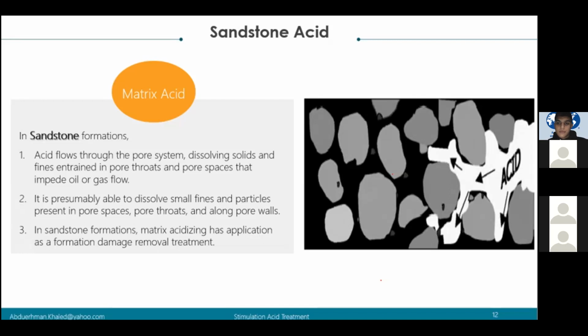It's not exactly a stimulation. Otherwise, if there's no damage in your reservoir, this is what introduces new damage to your reservoir. That's why, in the beginning of the presentation, I tried to define what the main issue or the main problem is.